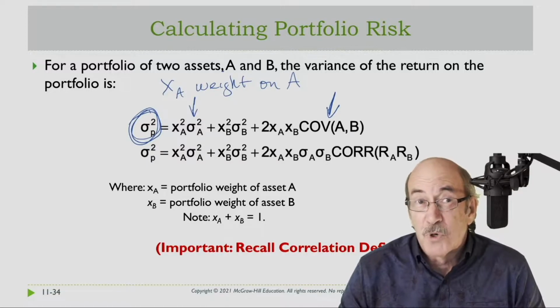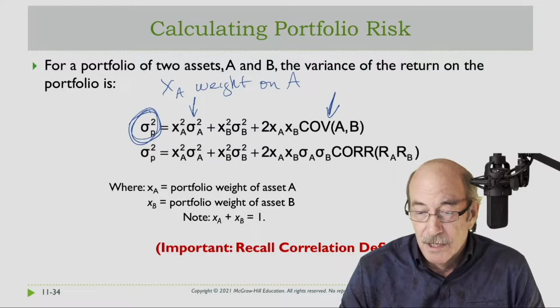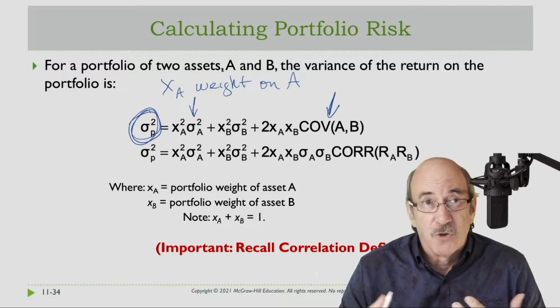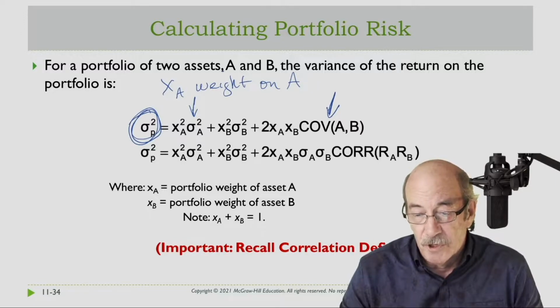So think of it as a percent of our portfolio that's in A. So we've got X sub A percent in A, and X sub B percent in B, and they add to 100% in this case. So we just have two securities in our portfolio.